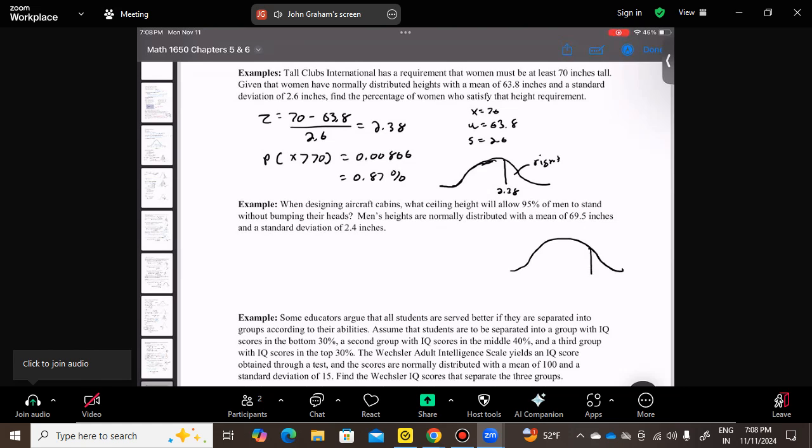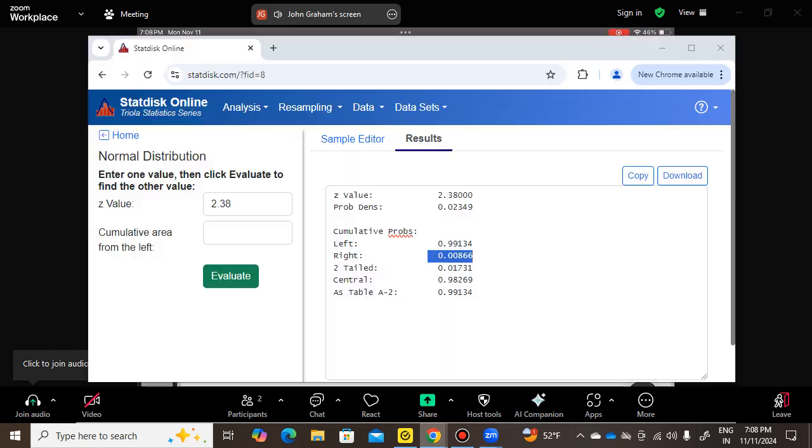We want this number to be higher than 95% of the men. So 95% is to the left, 0.95, and our z-score is 1.64485.